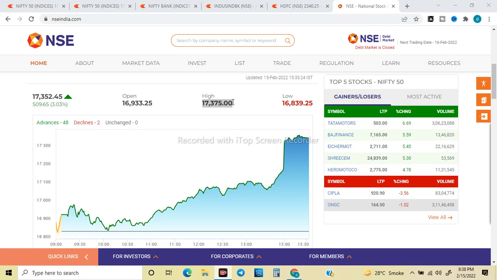Yesterday it was 1000 points plus down in red, and today it is more than 1100 points up in green. So the volatility will be at its peak for the whole month, and I believe that might get extended towards March second week also. So if you know the levels, if you know the trading zone, you can trade accordingly.